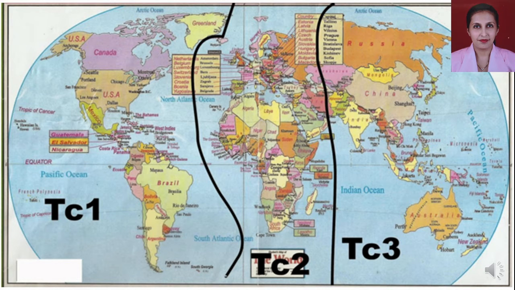So in order to remember in a very easy or simpler way, TC1 is nothing but the entire American continent, north and south, in addition to other countries that are surrounded with that continent. And the left hand side of the world map is known as TC1.